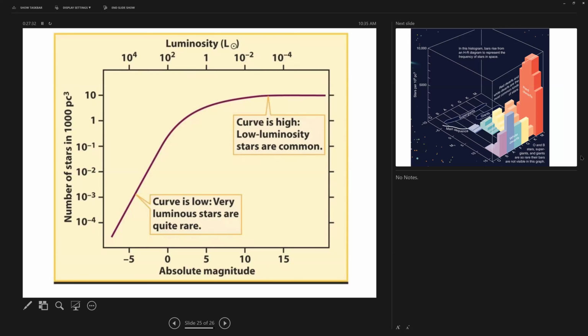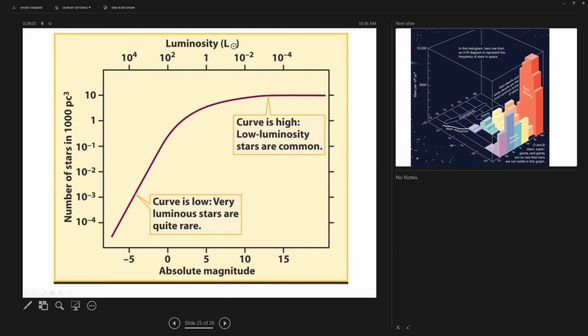And then we're looking at the last two slides that we did yesterday again. Here the curve is low for the very luminous stars. The lower left-hand part of this is the stars that have the highest absolute magnitude, also the highest luminosity, and the number of stars per 1,000 cubic parsecs is very low for stars of that type.